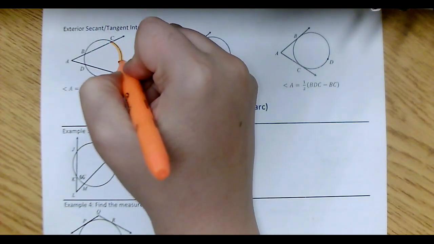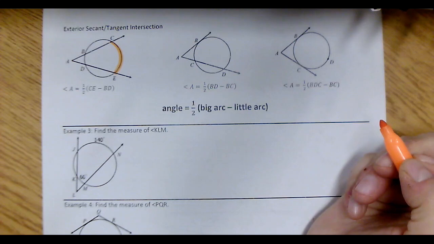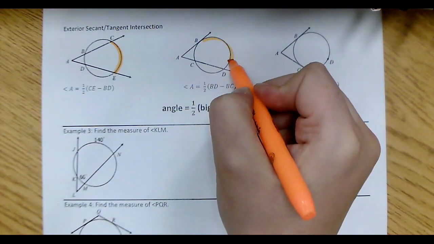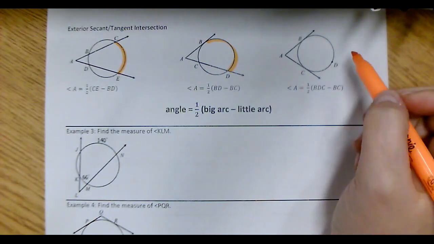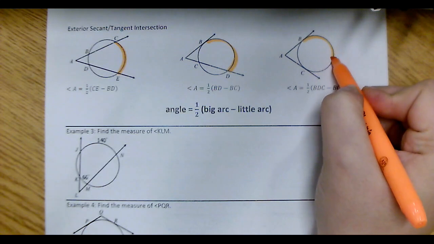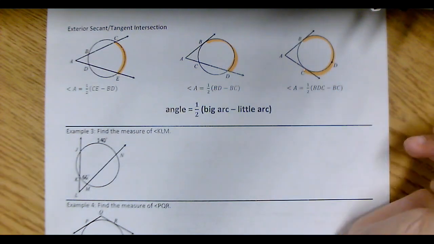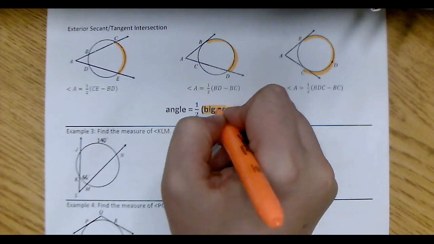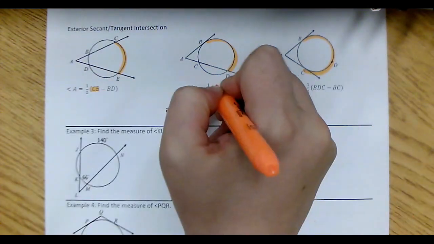So CE would be the big arc. In the second one, BD would be the big arc. And in this third one, from BD to C would be our big arc. Okay, so our big arc is all of those that are in orange.